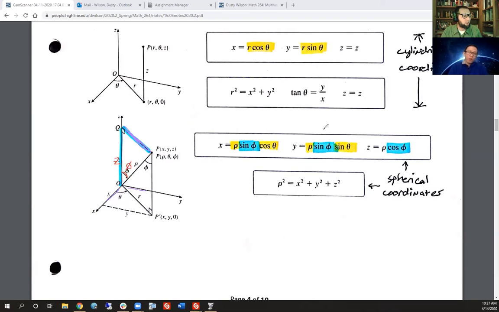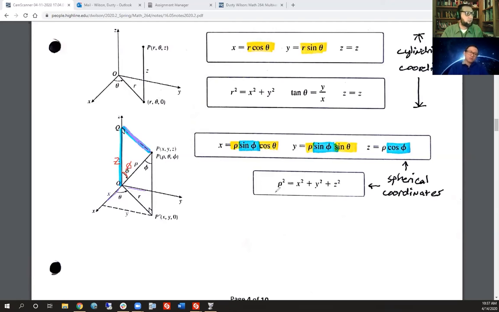But in retrospect, I realized the formulas actually can make sense to us, because the yellow stuff is the same as it was in cylindrical and in polar, and the blue stuff is simply related to this nice little triangle with the z coordinate being adjacent, tying to cosine, and the purple stuff related to x and y being opposite, and so relating to sine.